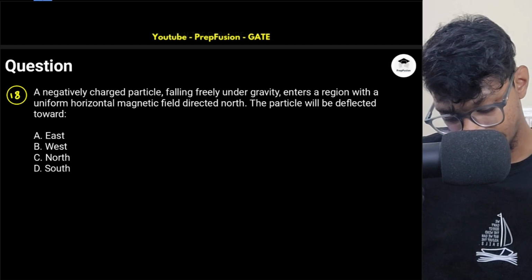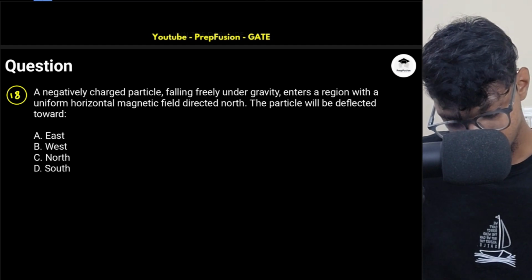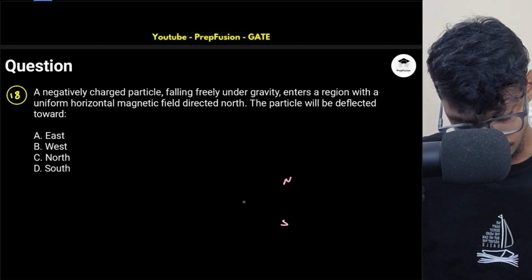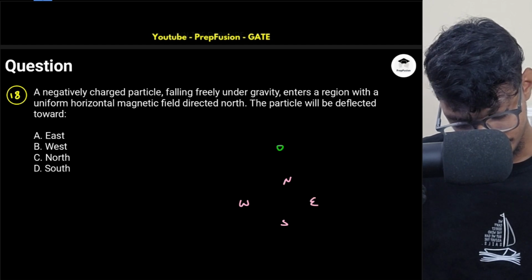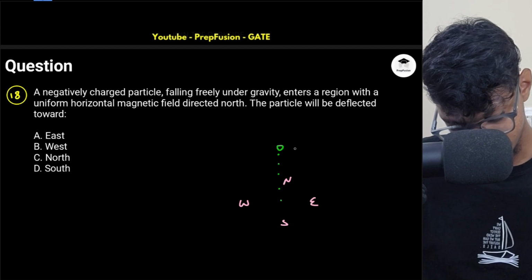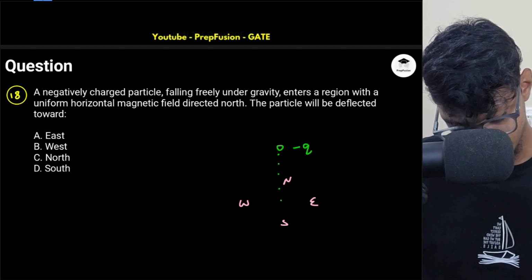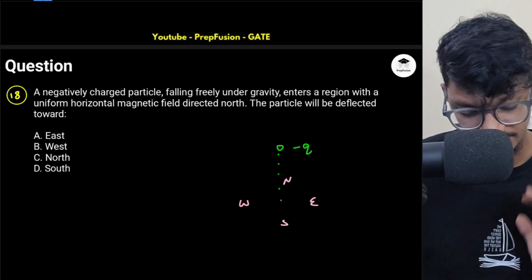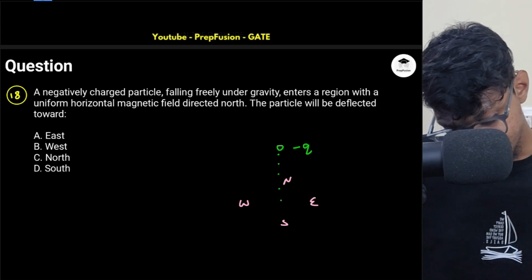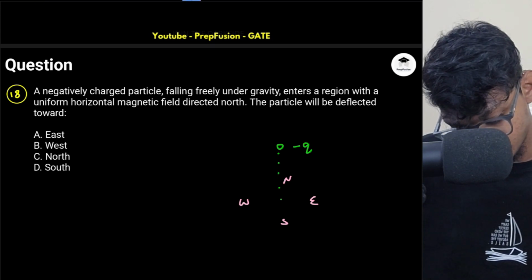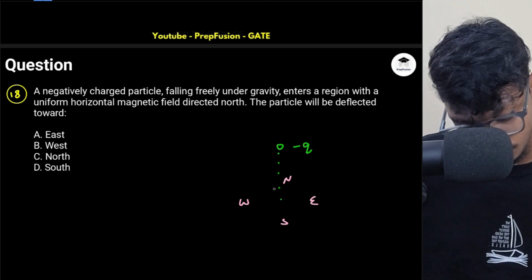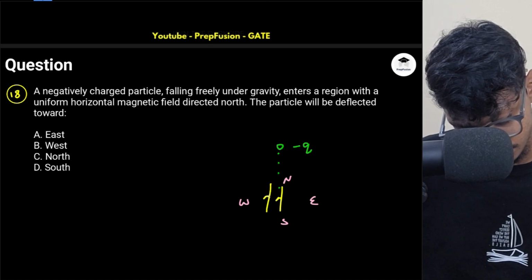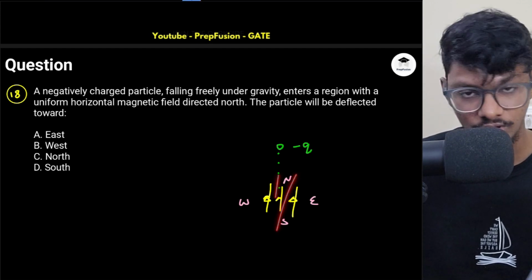So let's say I have north, south, west, east, and I have a charge Q that is falling like this, and it's negative, minus Q. The magnetic field is directed towards north, so it will be like this, a uniform magnetic field in the horizontal direction, from south to north.